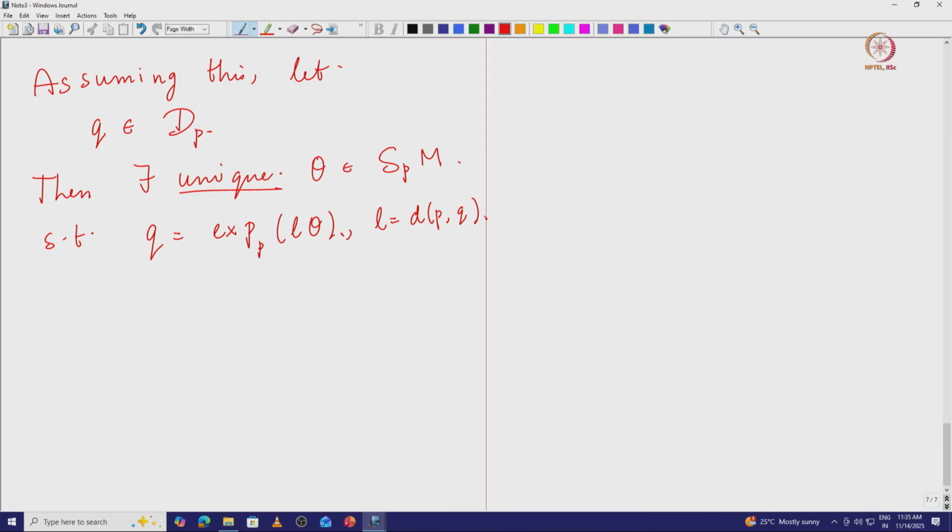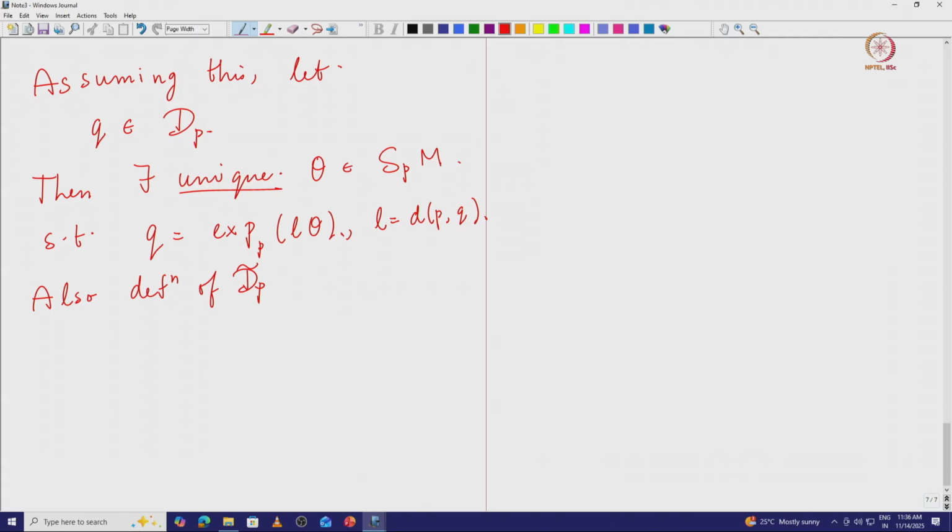Okay. So, also by the definition of D_p tilde, it was basically the union of all vectors t times theta, where t is strictly smaller than the cut time, right.